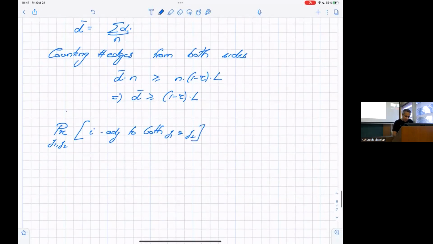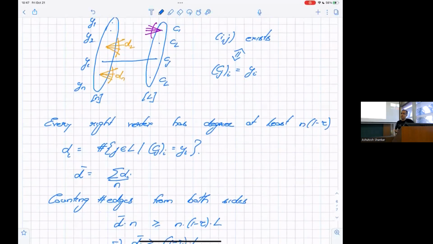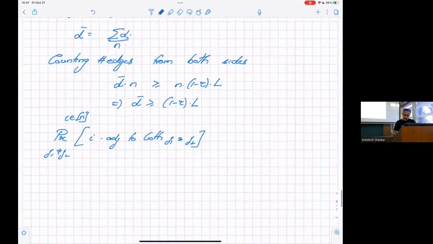Here i is a fixed coordinate. So I picked two separate guys, J1 not equal to J2, and I have a fixed i. If you look at this graph, what will this be? This is exactly going to be di choose 2 divided by L choose 2.